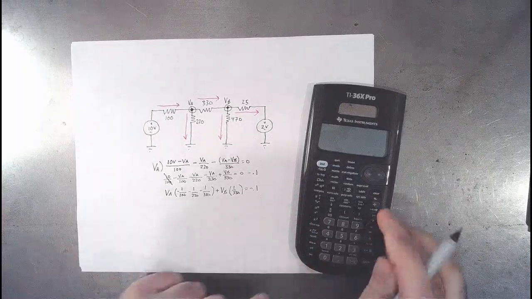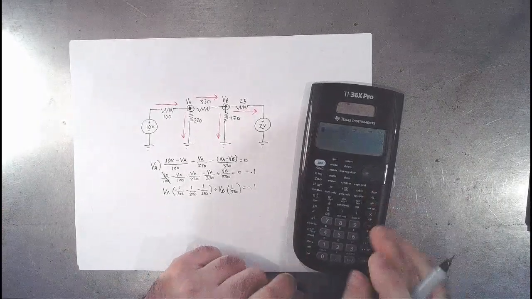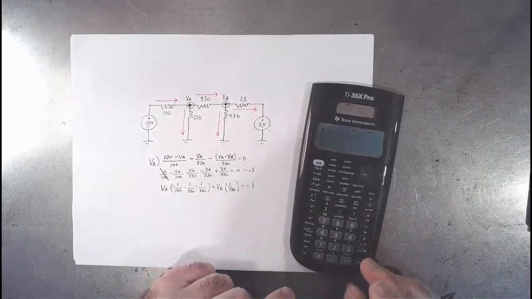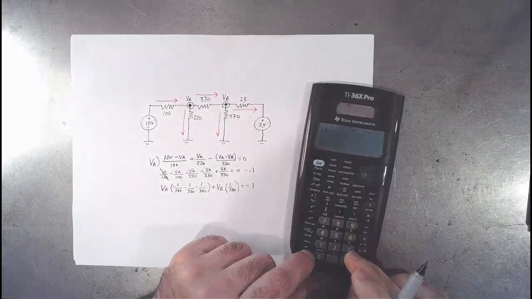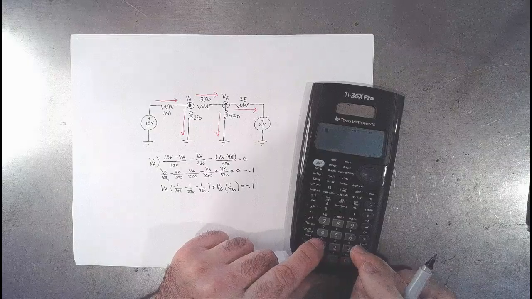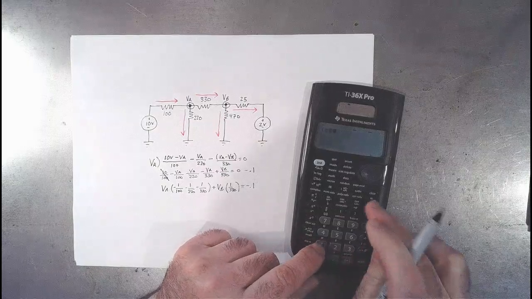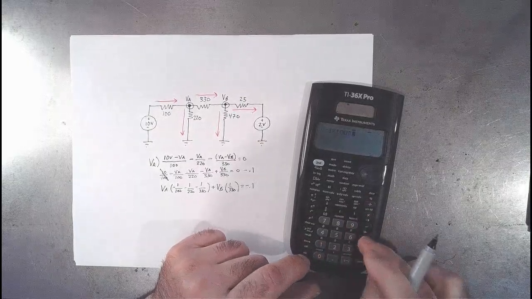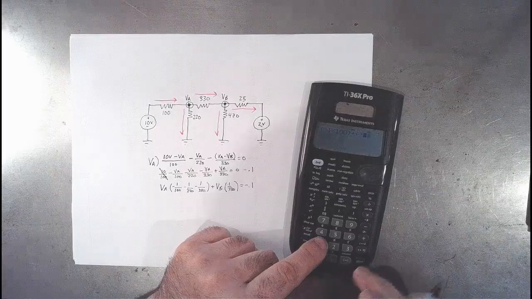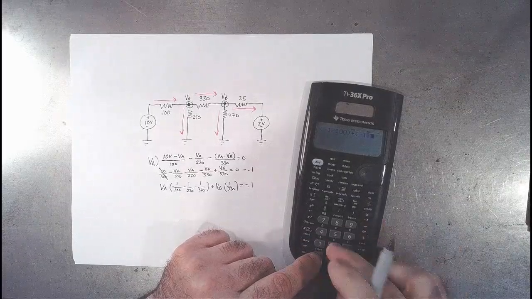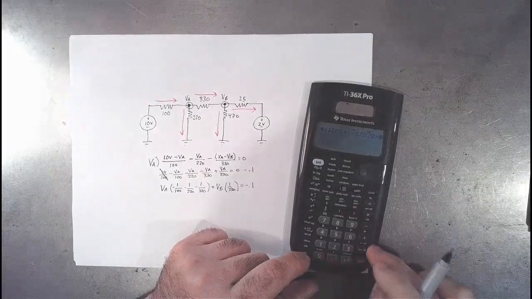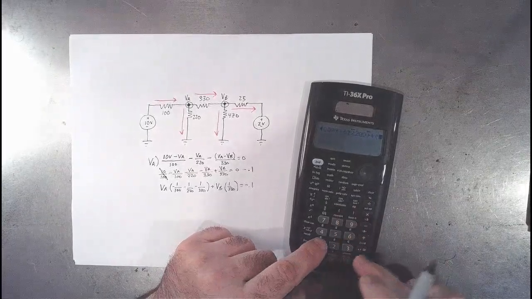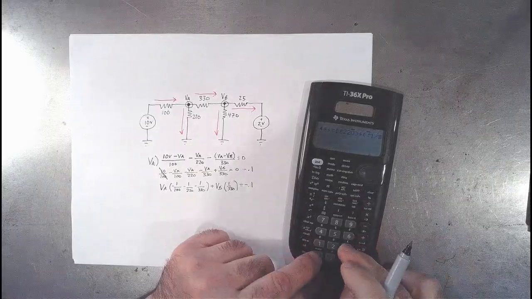All right, let me add up the stuff that's in the parentheses. So we got minus 1 over 100 plus minus 1 over 220 plus minus 1 over 330.